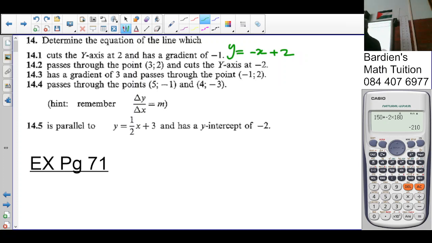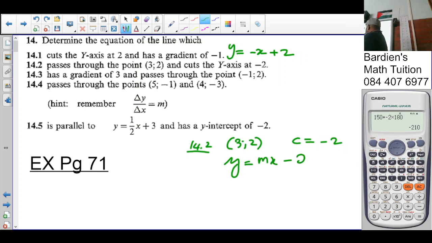14.2. It passes through 3 and 2 and has a y-intercept of minus 2, which means to say your c value is negative 2. Not so. So the equation of a straight line is in the form of y is equal to mx plus c. So mx minus 2. Now to calculate m, I need another point on this graph, which is 3 and 2. You can do the substitution.